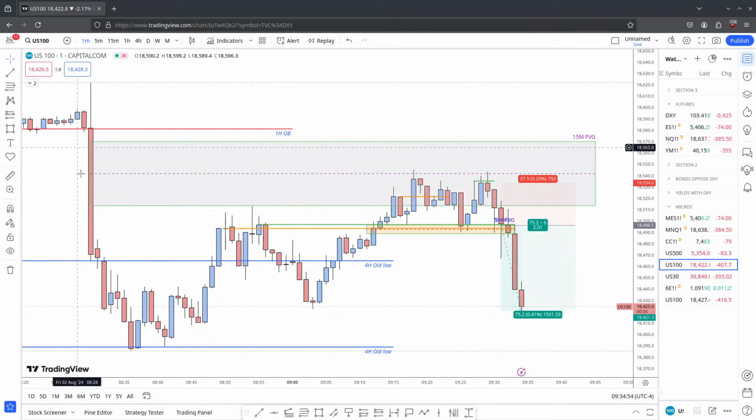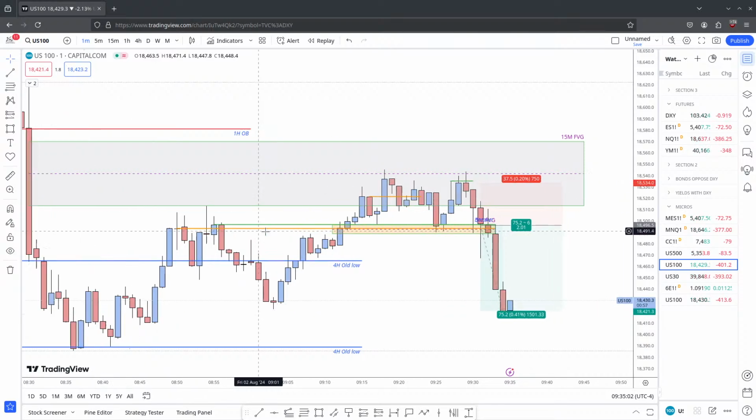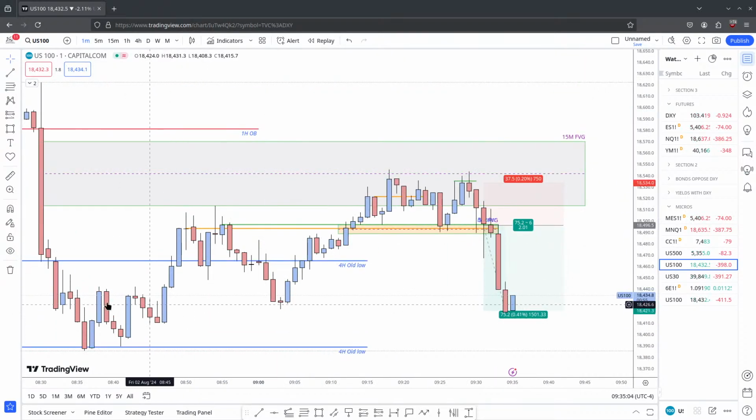We had this idea here of this liquidity void. We wanted to see price trade into that. It traded into that. We had this fair value gap idea down here to trade higher.